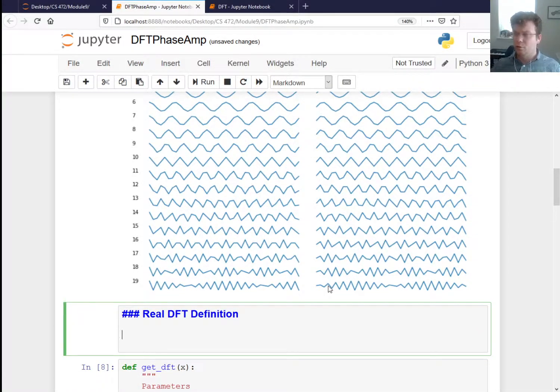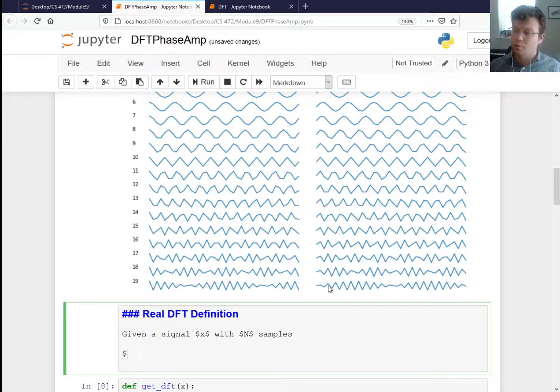So there are 2 parts to it. We're saying, given a signal x with n samples, we're going to define the cosine parts. And this will be the dot product of x with different cosines.